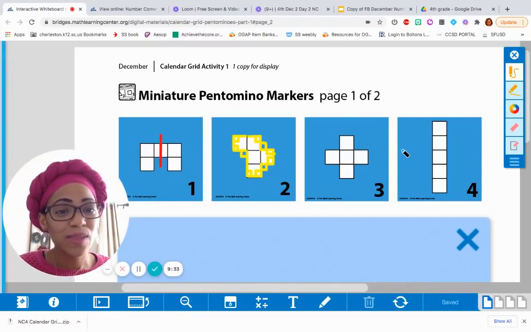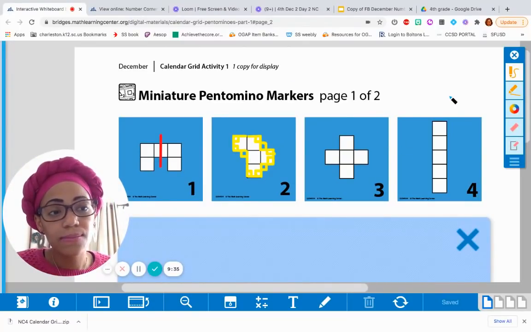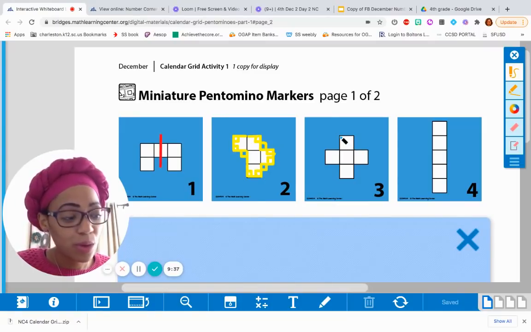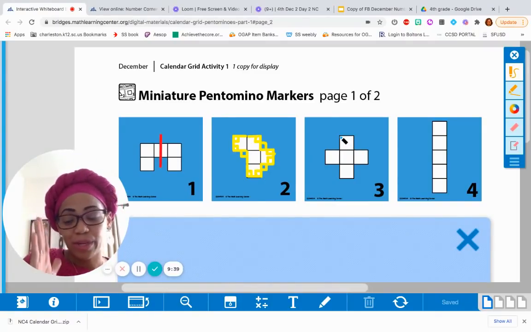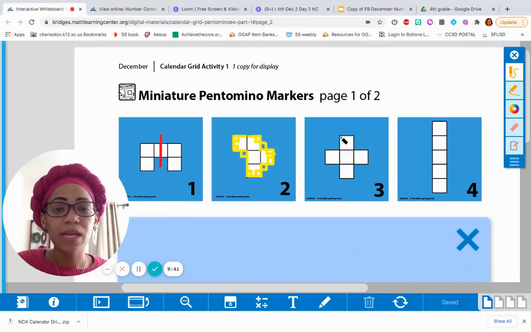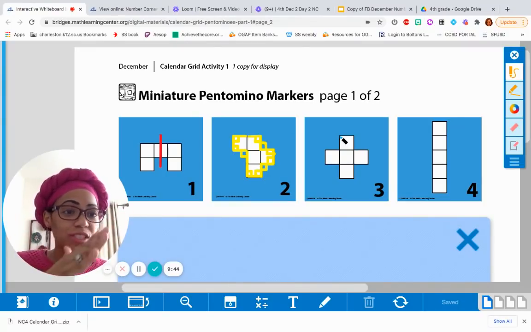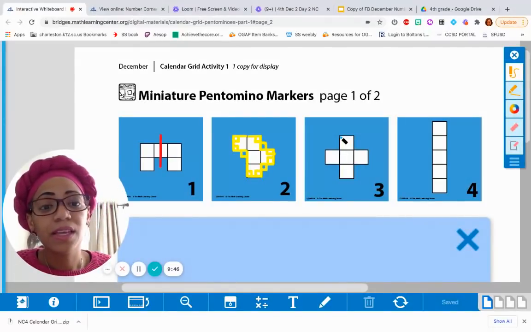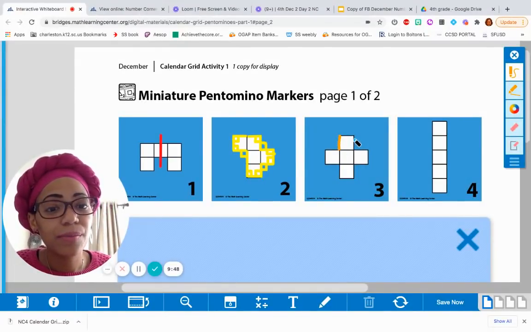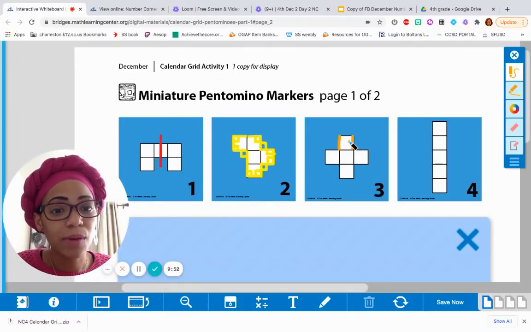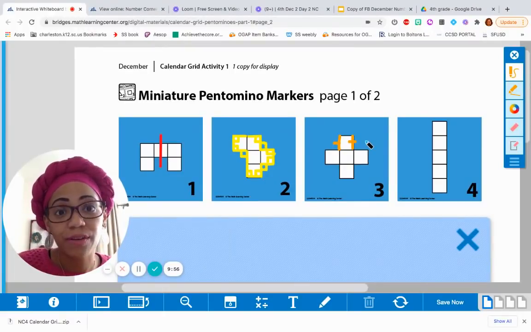Okay, so let's now count our vertical lines, vertical parallel lines. And, you know, parallel lines are going to run in the same direction forever, no matter what direction, it's the same direction. So here would be parallel lines. Okay, and I'm going to mark it like this so that you know that these two lines are parallel to each other.